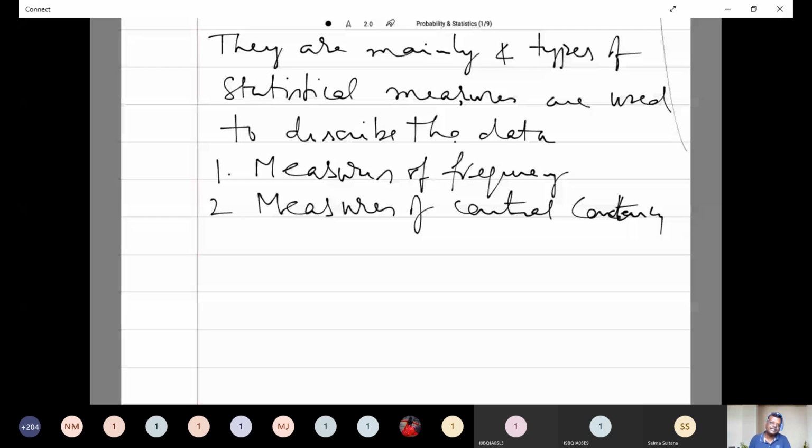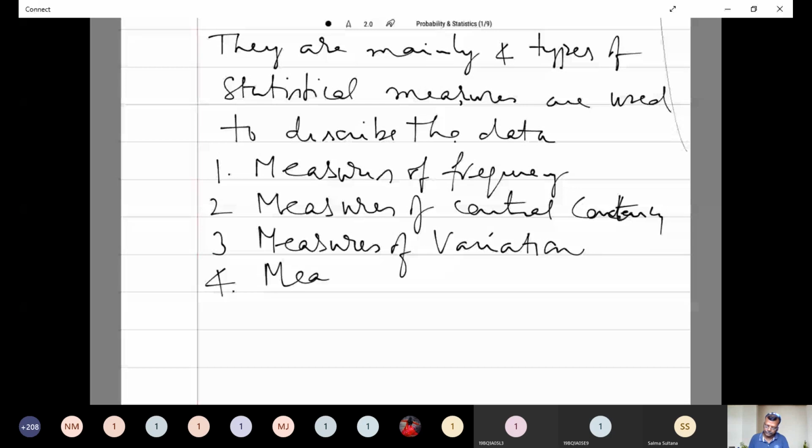Number three, measures of variation. All of you, better to note down these points, very, very important. And number four, measures of position. These are the four.